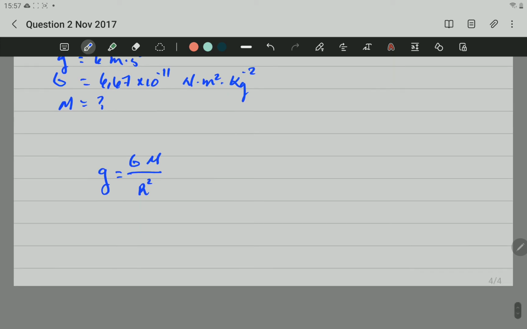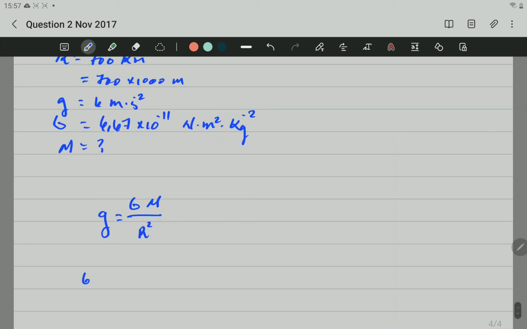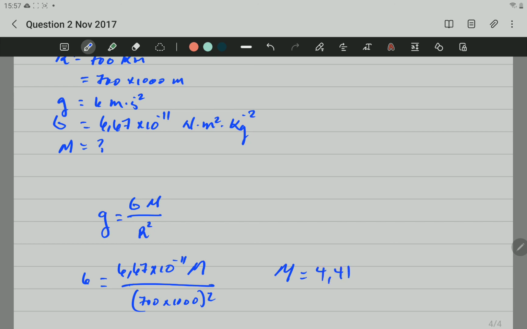If we do the substitution here, 6 is going to be equal to 6,67 times 10 to the minus 11 multiplied by capital M divided by the radius, which is 700 times 1000, to the power 2. The mass of the planet at the end is going to be 4,41 times 10 to the 22 kilograms.